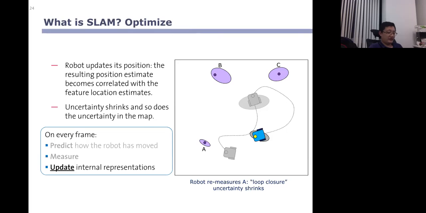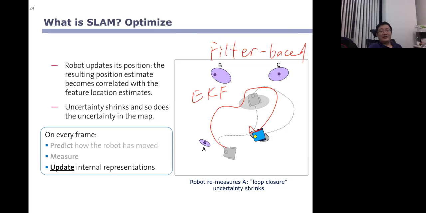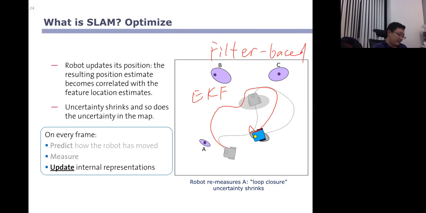Sometimes we call this filter based. Why is it filter based? Because this process can also be explained as an EKF, the extended Kalman filter. So this is called filter based mapping or filter based SLAM. And the pose graph is more like optimization based, right? You have optimization over the graph.